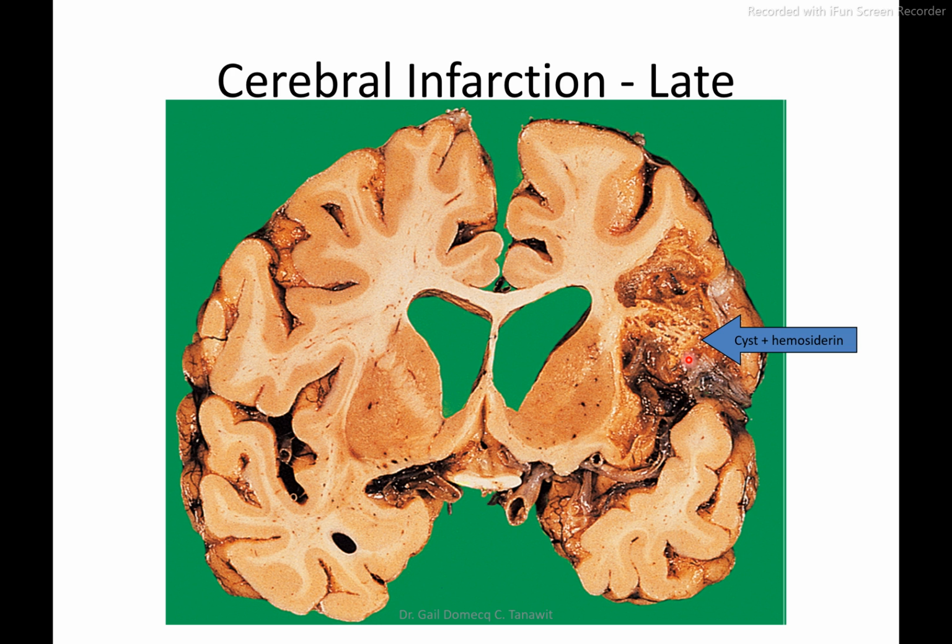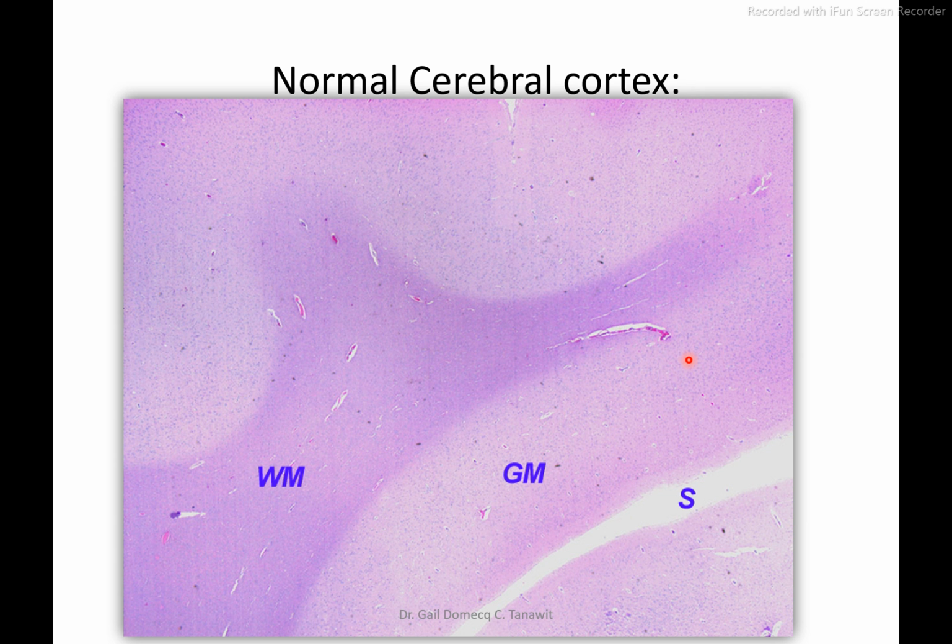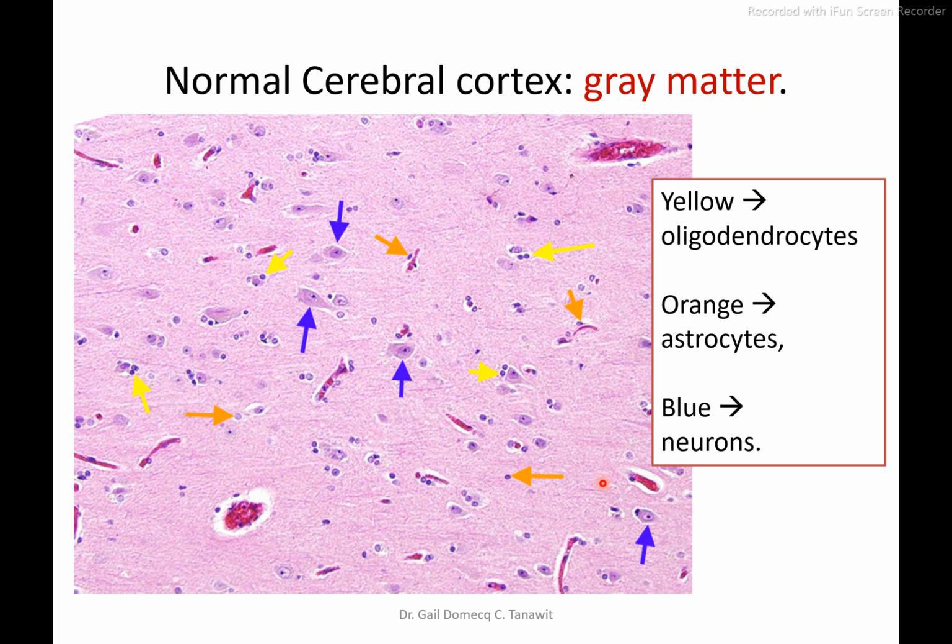So this is the normal cerebral cortex, the white matter and the gray matter, and this is the sulci. On the higher magnification, what do we see? The yellow arrows are your oligodendrocytes. Remember, oligodendrocytes are the ones that form the myelin sheath in the CNS.